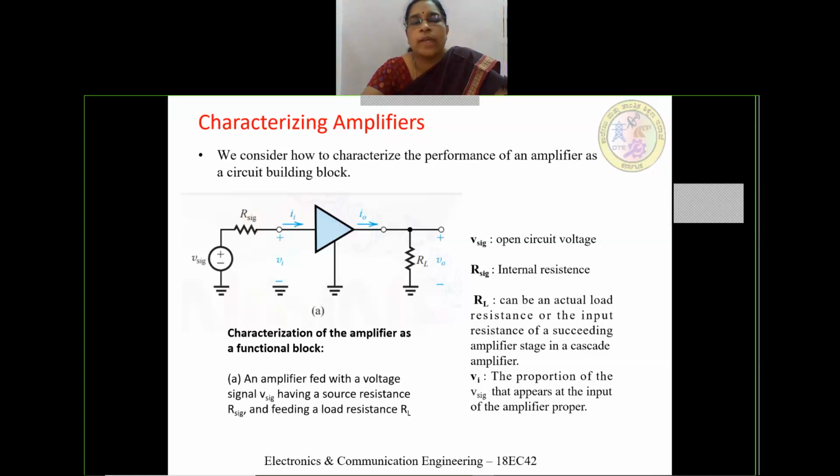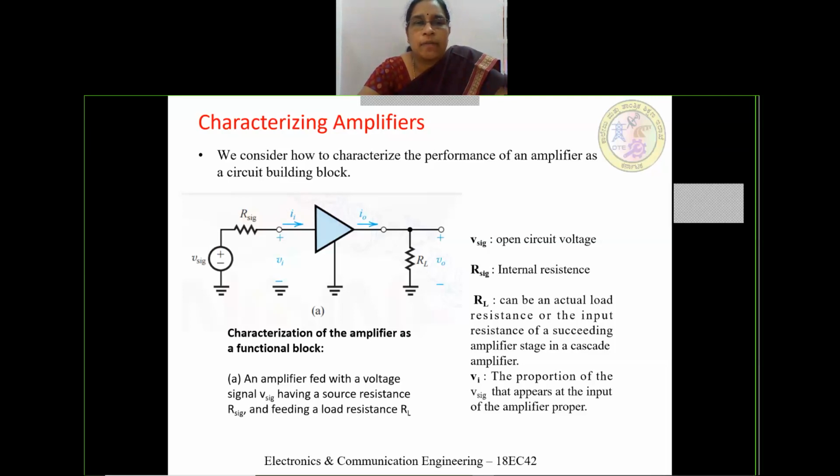Therefore, while analyzing the complete amplifier performance, the internal resistance of the source will also be considered. So R signal will come as a part of the circuit, and V signal and R signal are part of the applied input signal.